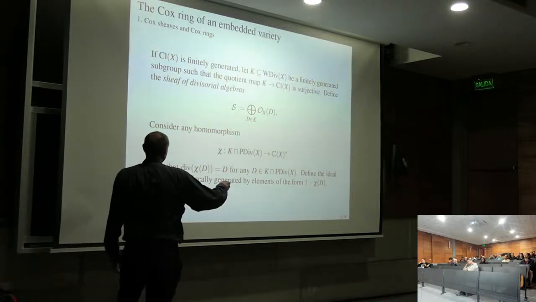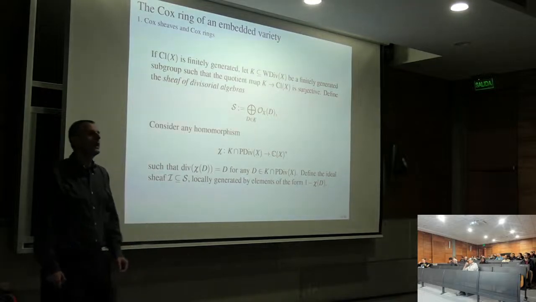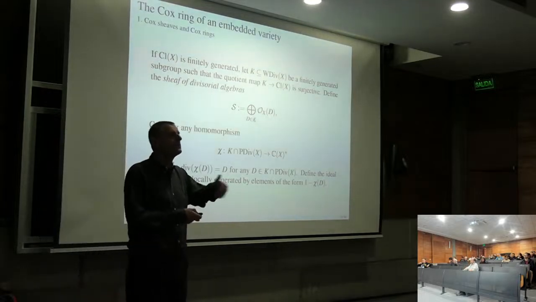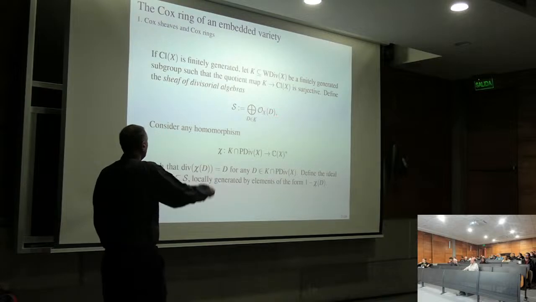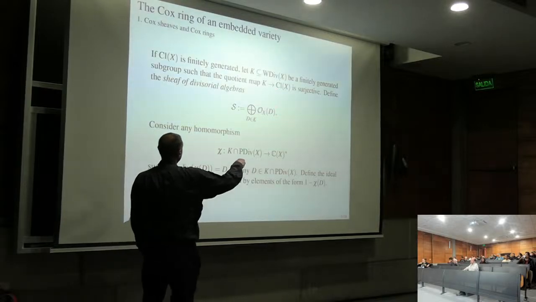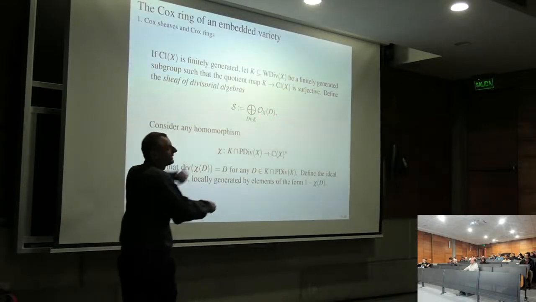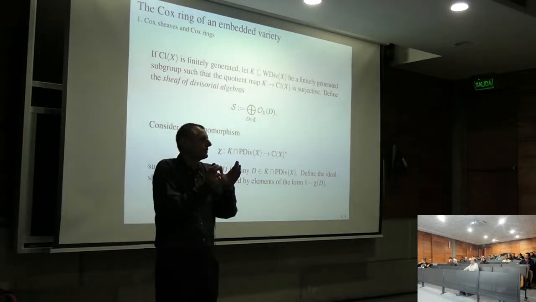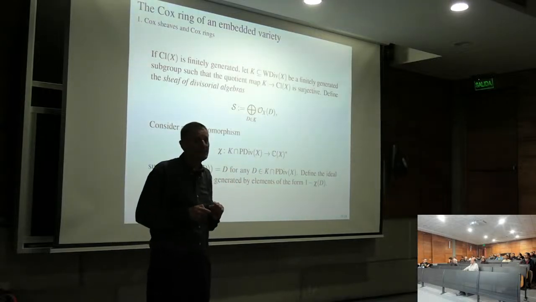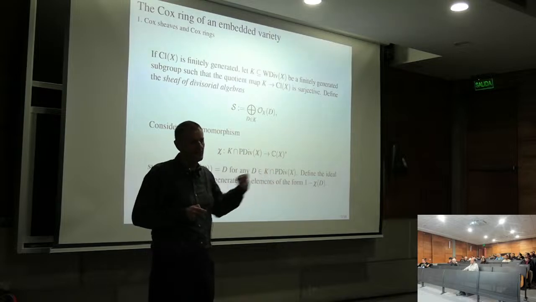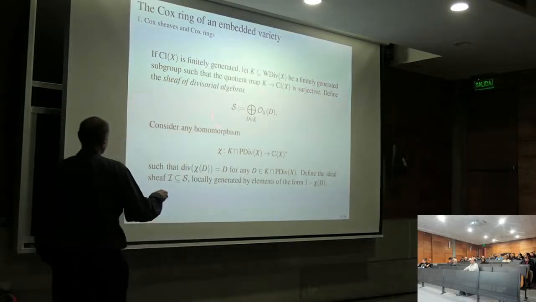Then you take the direct sum, and in this way you have an algebraic structure because you can multiply sections. If you take one section in O_X(D) and another in O_X(D'), the product lives in O_X(D + D'). So you have an algebra structure here.